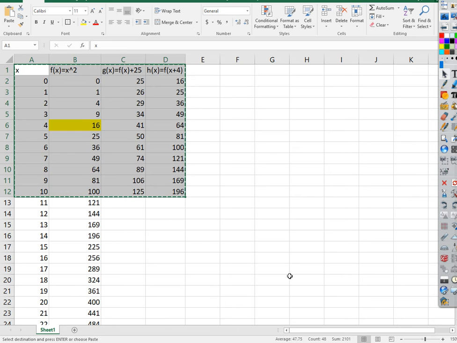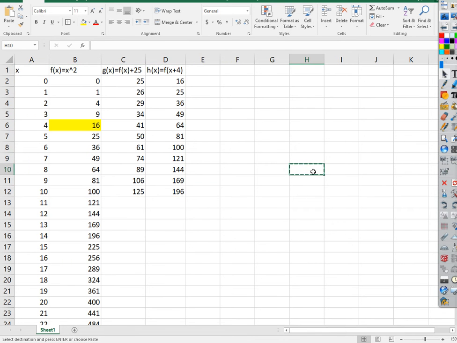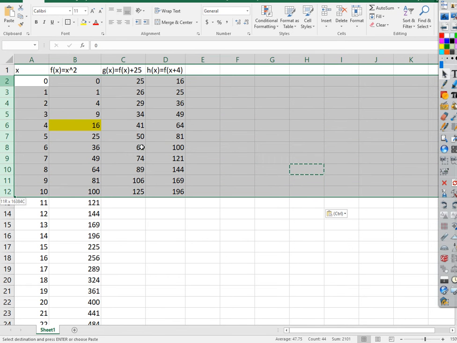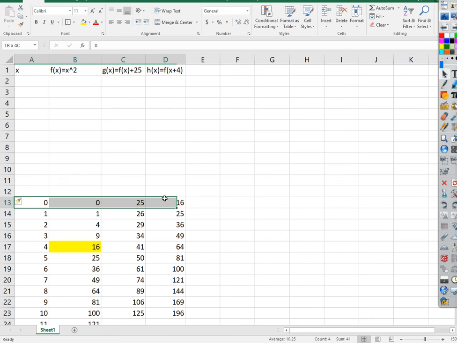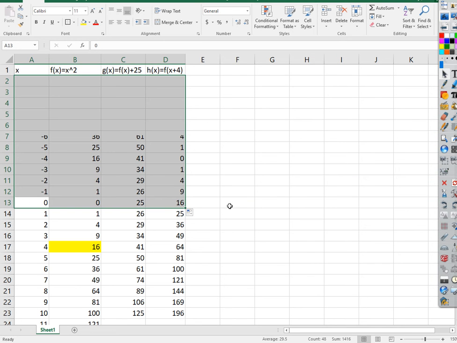Let's go back to Excel and, yeah, how about if we add some extra points? What if I insert a bunch of extra cells? So let's insert some blank spaces and let's continue this trend backwards for negative values of the input. So we'll go backwards in time a little bit here.